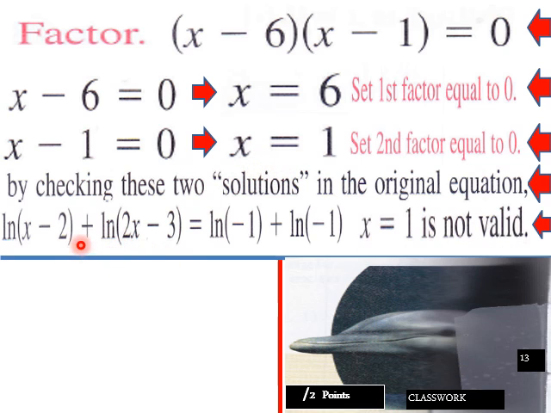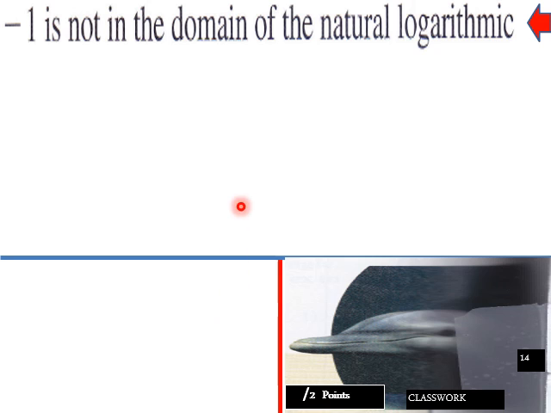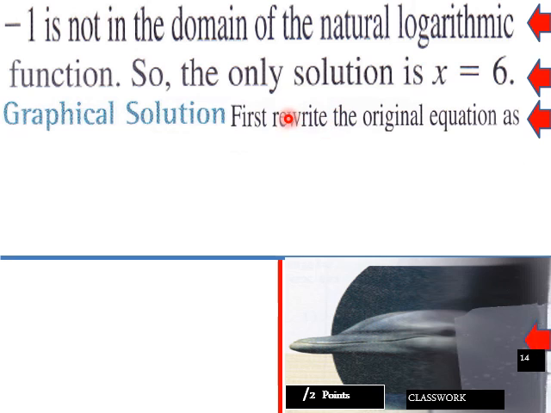We're going to stick 1 in there. x equals 1 is not valid. We put that back in here and we get natural log of negative 1. You can't take a natural log of a negative number. So 1 doesn't work. Negative 1 is not in the domain of natural logarithmic functions. So the only solution would be 6.